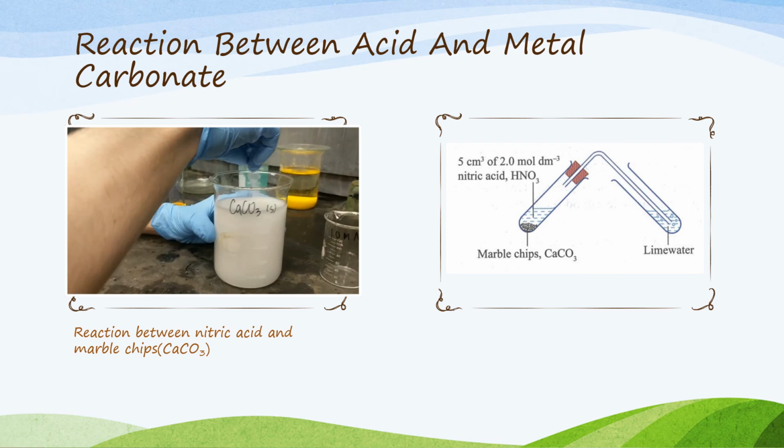However, from the video, you cannot see the effect of carbon dioxide produced on the lime water. But I believe you can find a lot of videos showing the effect of carbon dioxide on lime water, so you see what it means when lime water turns cloudy.